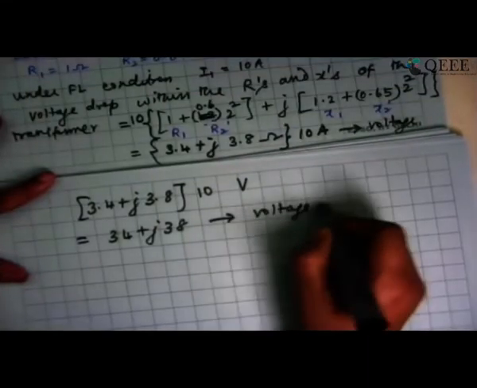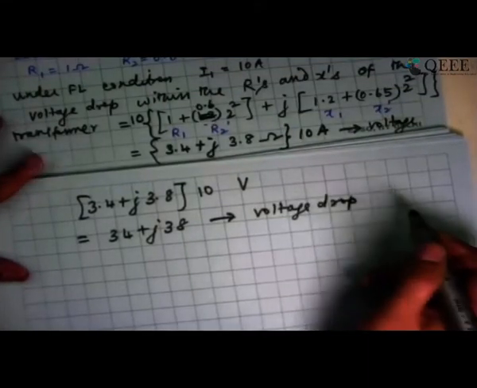Let me write down this again. So I'm going to have 3.4 plus j 3.8 multiplied by 10 volts. So I can say 34 plus j 38 is the total voltage drop, which is very, very high.